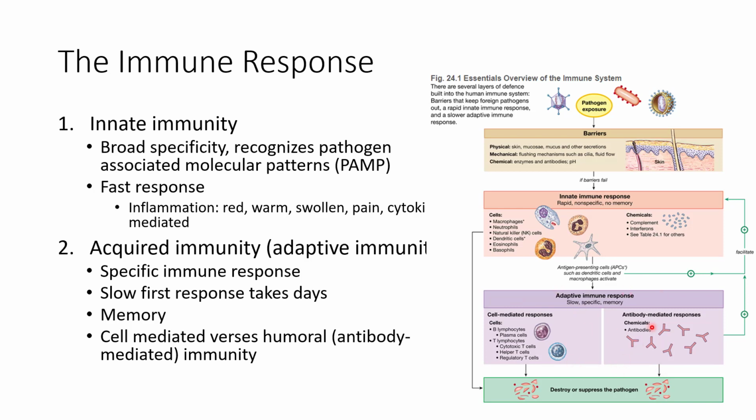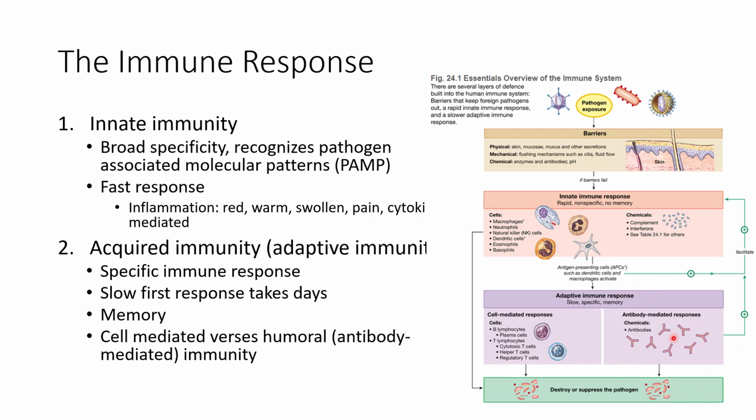The next type of immunity that we can have is acquired immunity. And this occurs when we actually start getting very specific immune responses and we use antigens to direct that response. This is much slower. It's usually going to take a few days for this to start. However, there is memory that's retained. So we create antibodies, and these antibodies can be retained in the body.